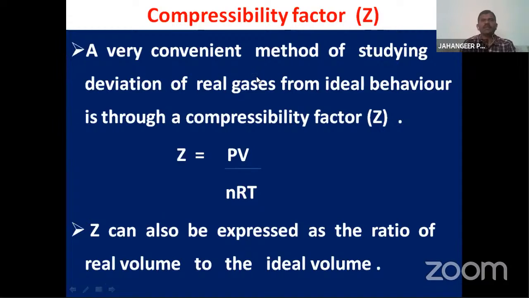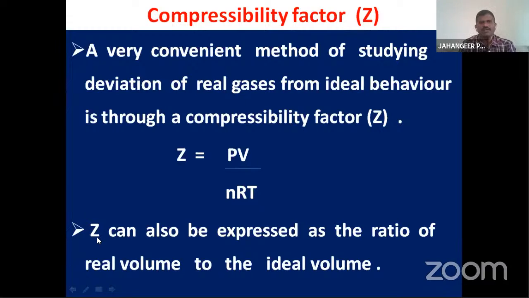A very convenient method for studying the deviation of real gases from ideal behavior is through the compressibility factor. It is represented with Z. Z is equal to PV upon nRT. With the help of the compressibility factor, we will study how real gases deviate from ideal gases.